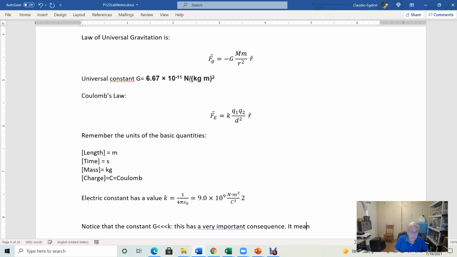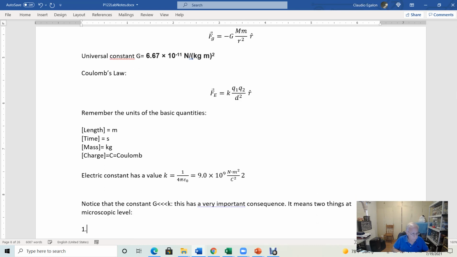It means two things at the microscopic level. One, the gravitational attraction between electric charges is very small.